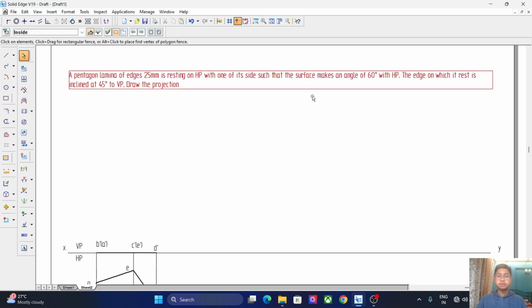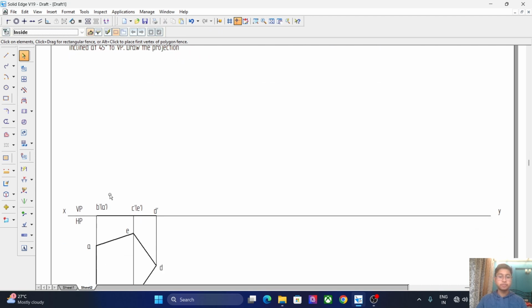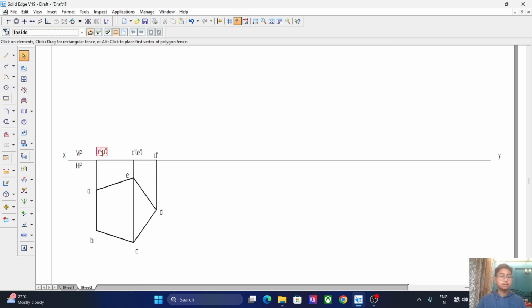Now in the question it is given that the surface makes an angle of 60 degrees with HP. So we will be selecting these lines and we will move it.